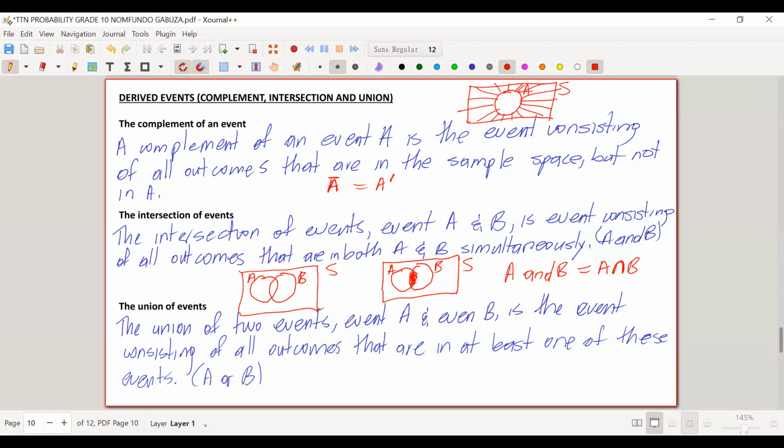So it's normally written A union B. Everything that is in A and everything that is in B.